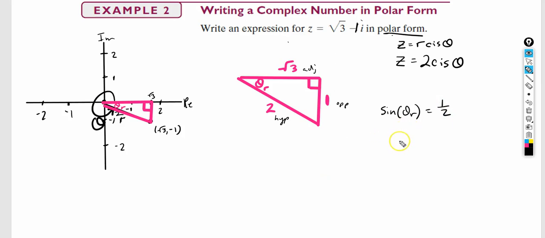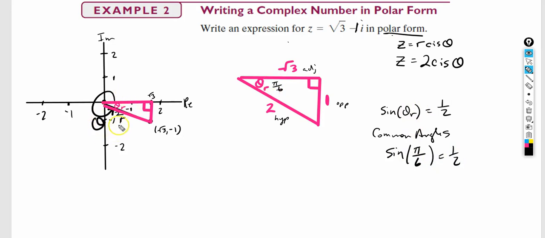And we should know from our common angles. Now, I haven't been told whether to put in degrees or radians. The example in the book does it in radians, so I'm going to do it in radians. So of our common angles, sine of pi over 6 is equal to 1/2. So my reference angle here is equal to pi over 6.